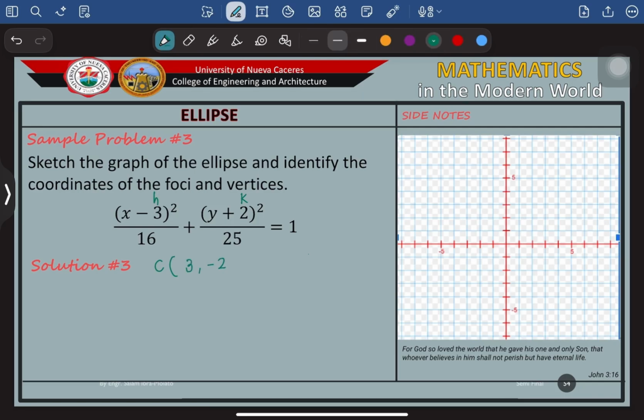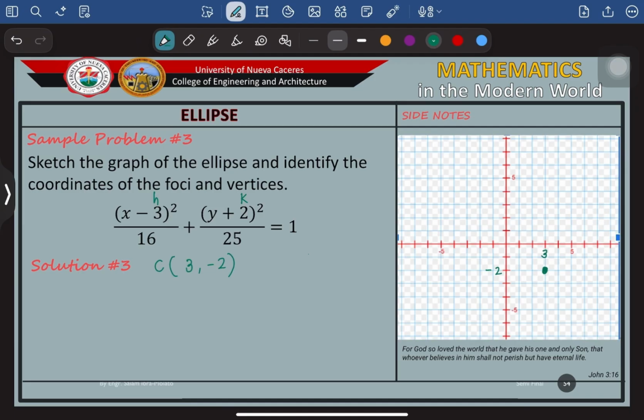So this becomes -2. So to plot the center, it is in quadrant 4. So we have positive x coordinate of the center, then negative coordinate for the y. So this is the center.